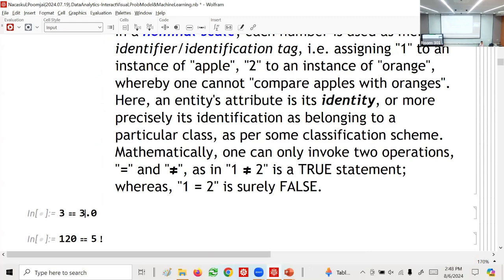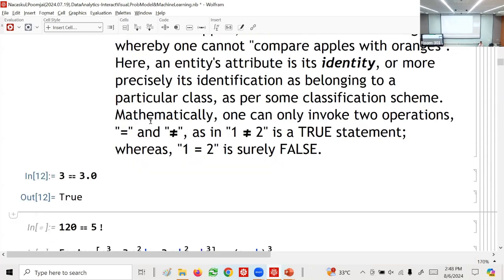That's a question. Even though 3.0 can be something precise, like a centimeter, and 3 is the number of children, so you can't have a decimal, technically counting numbers and decimal numbers don't belong to the same universe, right? But in this case, for practical purposes, 3 is the same as 3.0. So if I press shift enter, I get true. Okay, and that's all you can do.